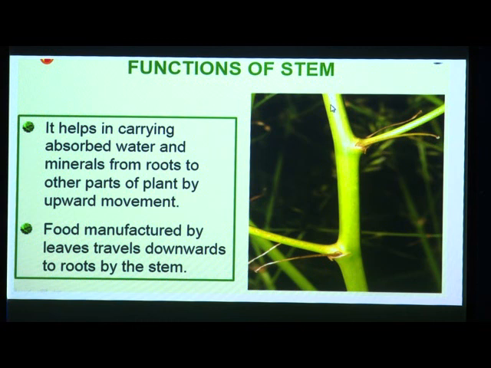So the food is prepared in the leaves, and then the food is taken to all parts of the plant with the help of stem, downward to roots. So these are the two main functions of the stem.